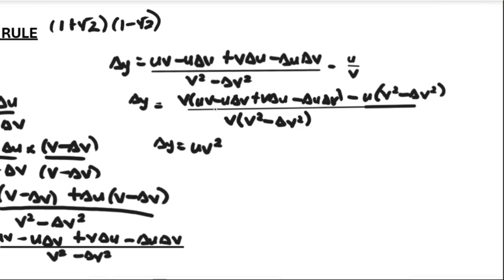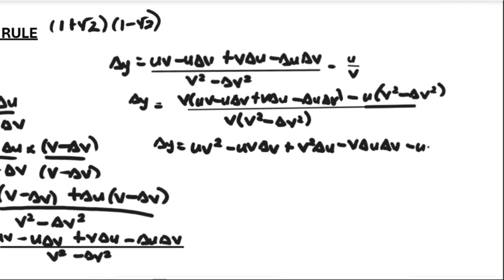Now v times minus u delta v will give us minus uv delta v plus, that's v times v, that will give us v squared delta u. Now v times this, that will give us minus v delta u delta v minus u times v squared.